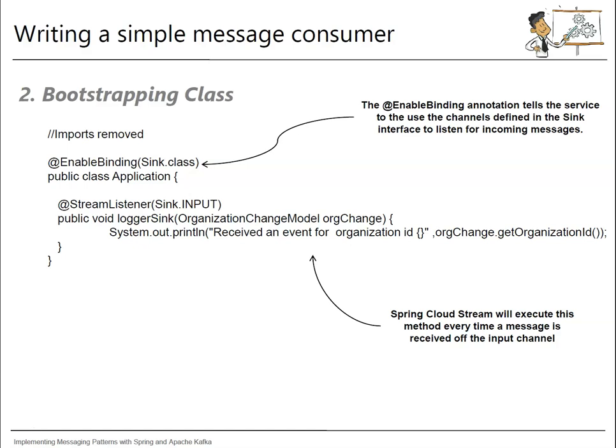Apache Kafka will deliver the message to this logger sink method. Notice that the argument of the logger sink method is the organization change model object, which is the same type we sent in the producer. Now, in the implementation of this method, we can process our received message.